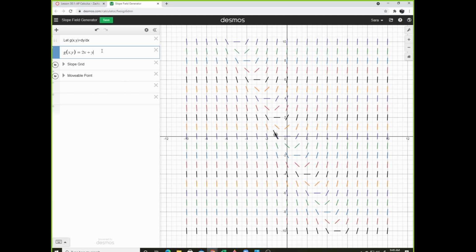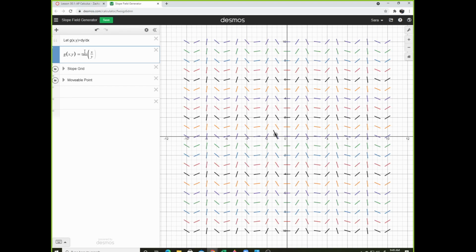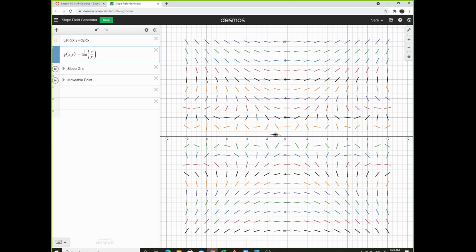We could do tangent of x divided by y. You can put anything you want, just whatever the slope field wants. And again, the whole idea of slope fields is they give you all the general solutions. And with the general solutions, treat it like if you put in a point, think about how the wind would carry it.